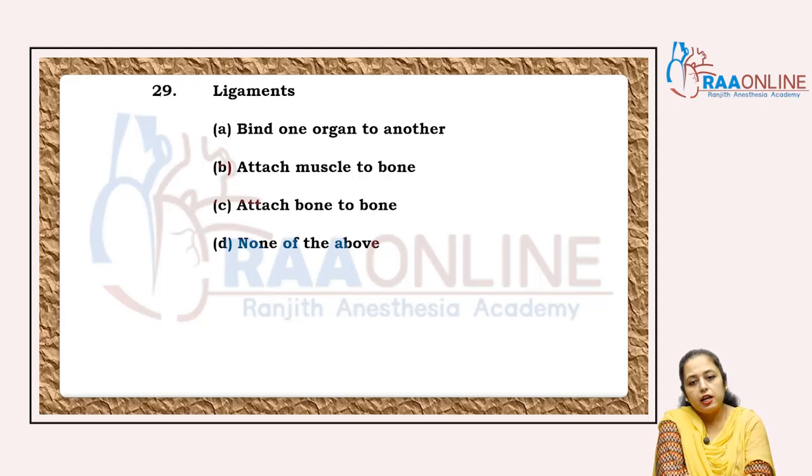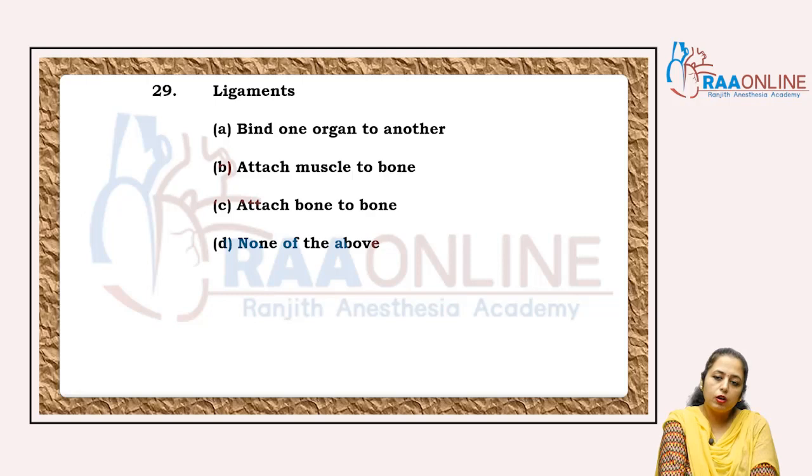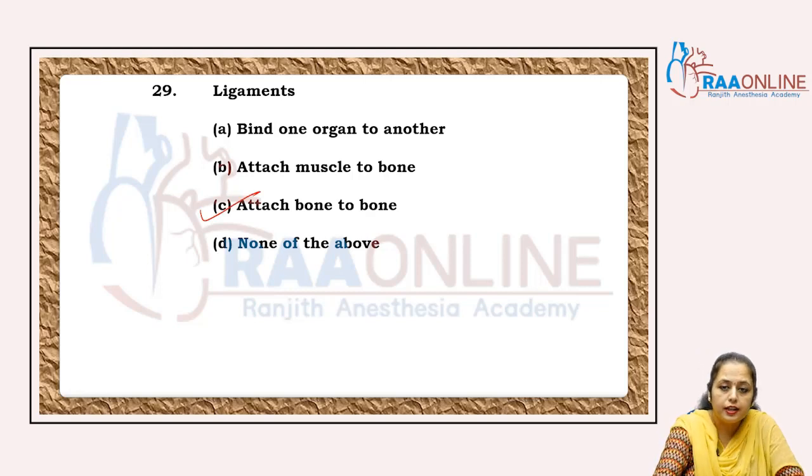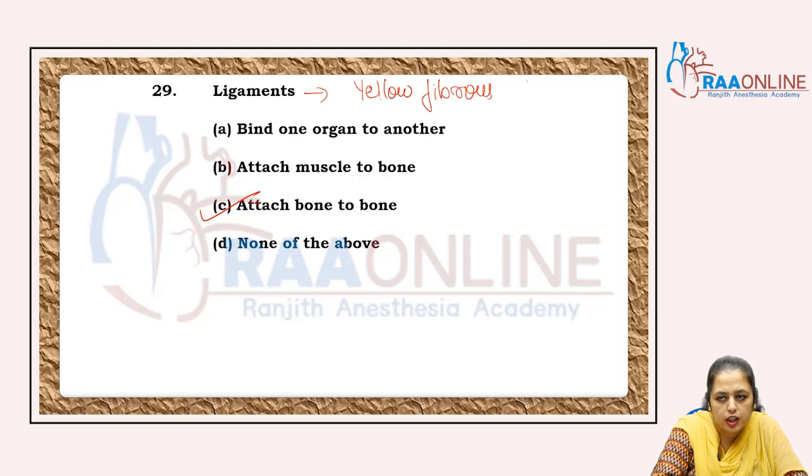Ligament: it binds one organ to another, attaches muscle to bone, attaches bone to bone, none of the above. It attaches bone to bone, as we already discussed. Ligament is a type of yellow fibrous connective tissue.